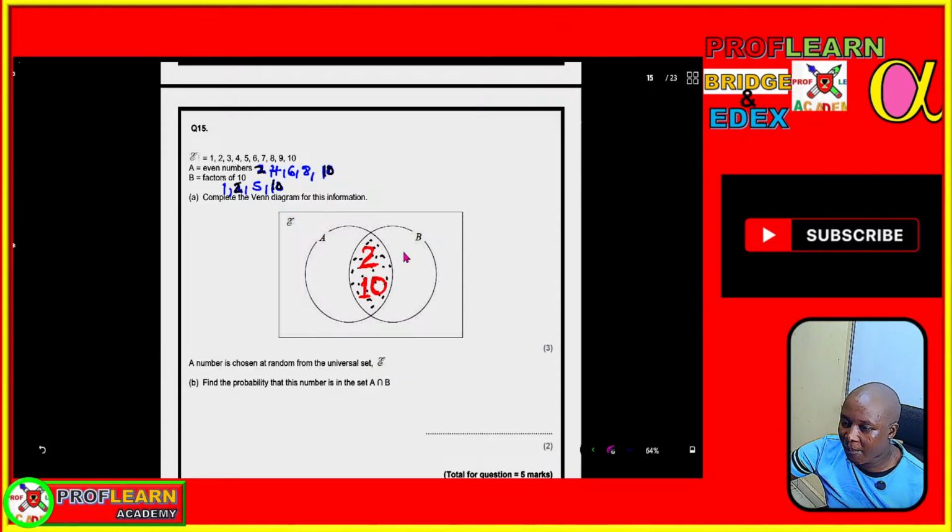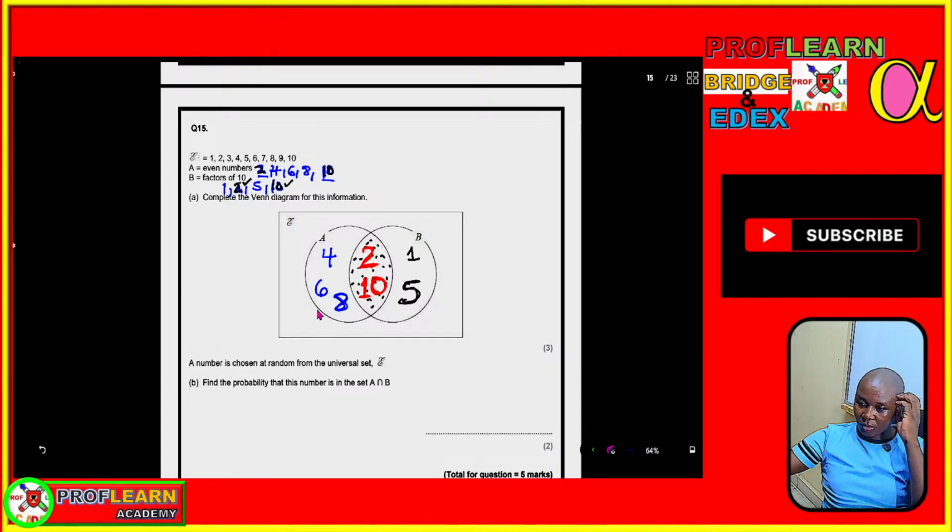Now that we have already taken 2 and 10, for B we shall have 1 and 5 in this set. Since we have taken 2 and 10, we remain with 4, 6, and 8 here.